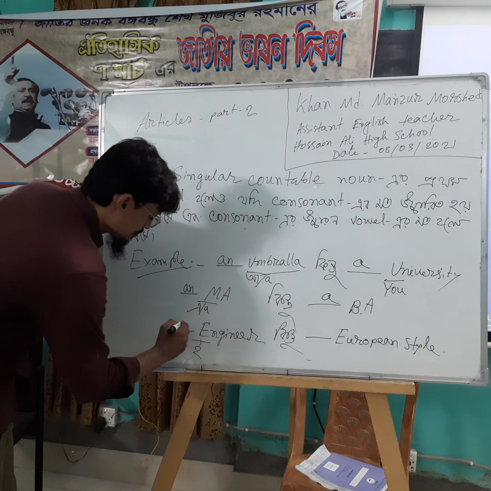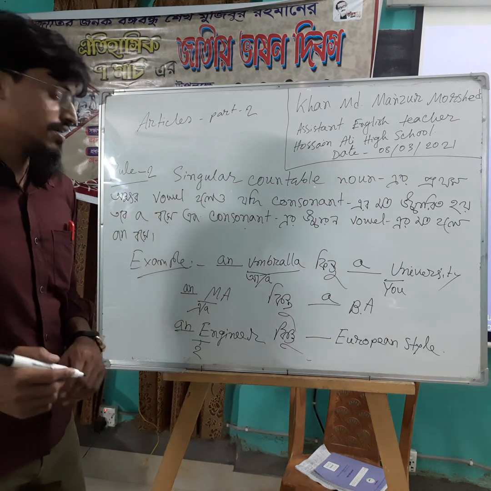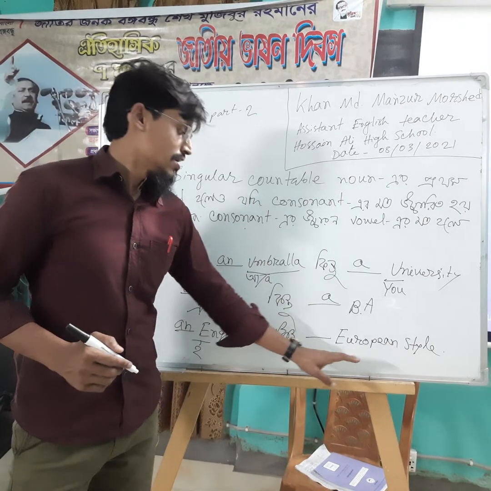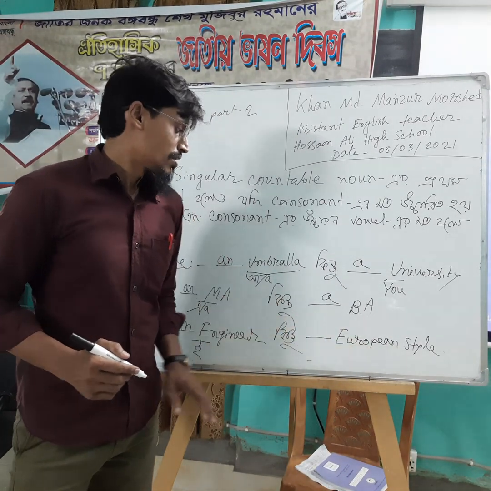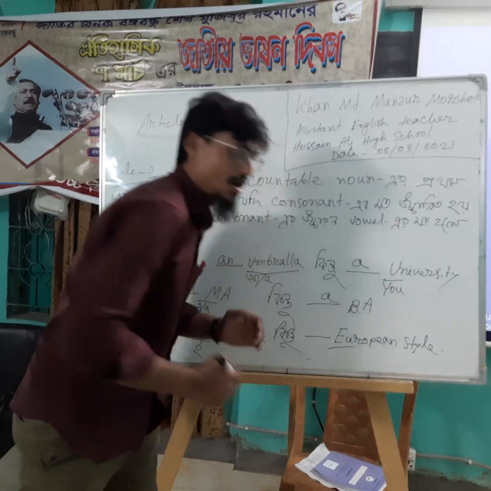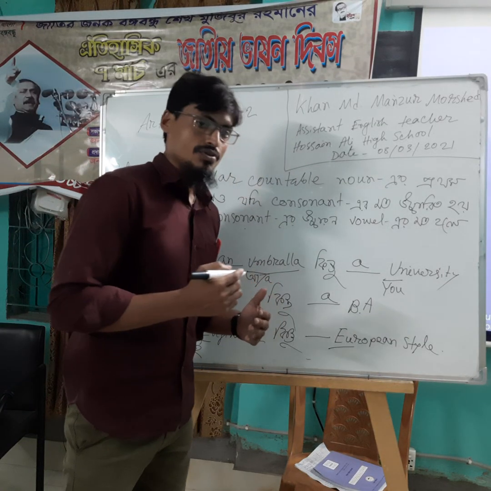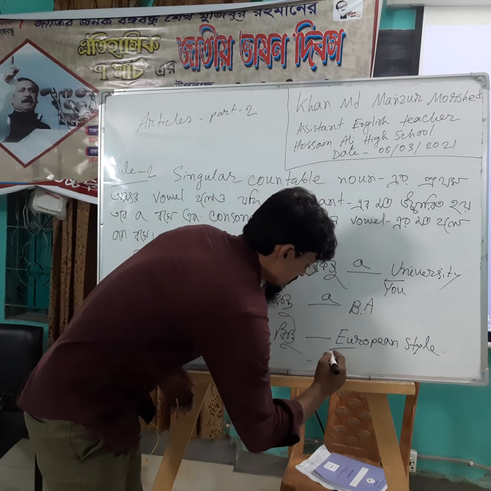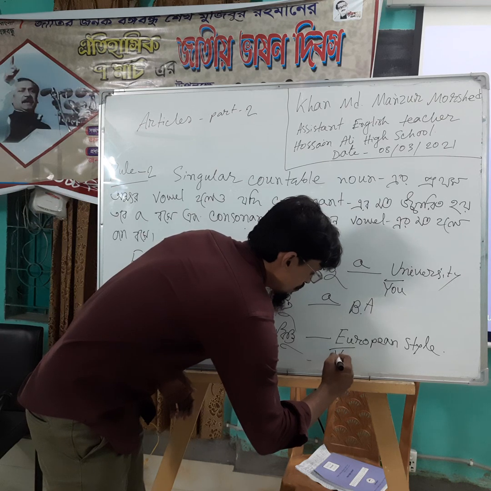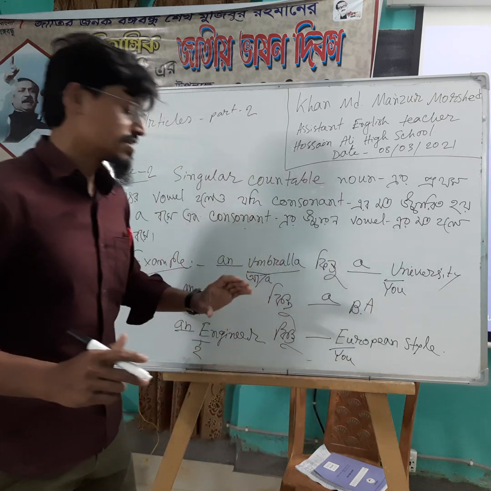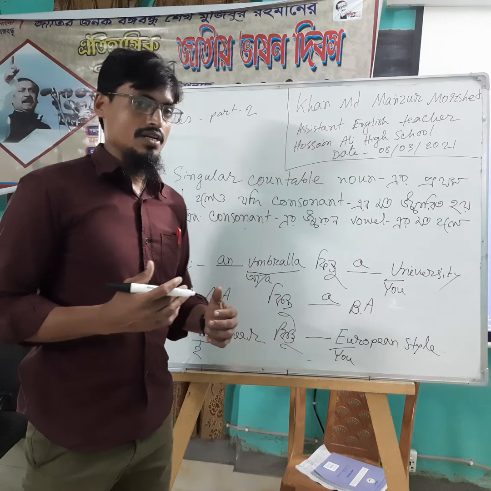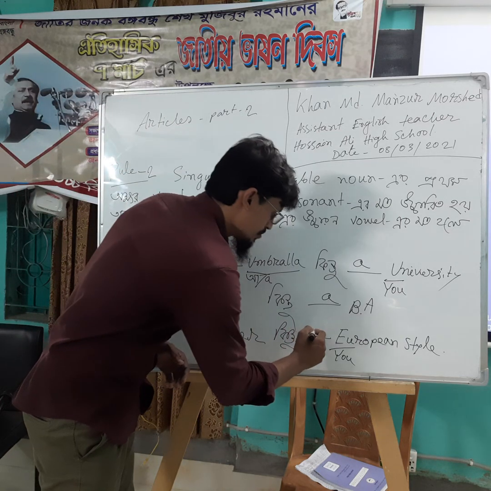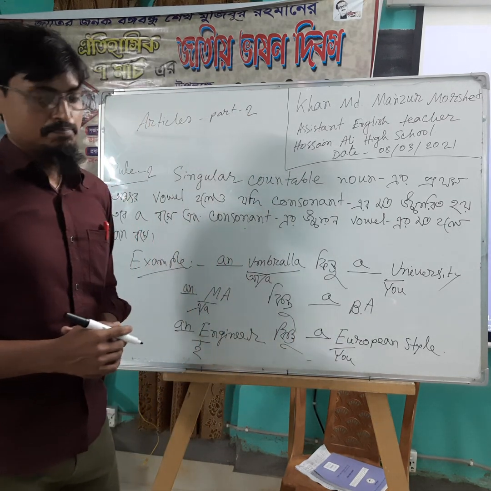So we use N before engineer, but when we pronounce European style, there is no vowel sound before the European. There is a U, Y-O-U. So there is a consonant sound we can understand, and we use A before European style.